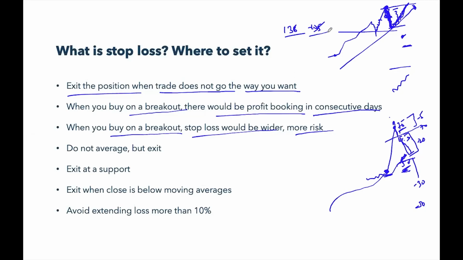In some cases, when I'm buying in weakness, when my buying is as close as the 50-day moving average, let's say 500 is the 50 SMA, and the current market price is, let's say, 501. In this case I can easily keep a stop loss of 490 or so, because I know there are very rare chances that the stock price is going to go below the 50-day moving average, that is 500 rupees.